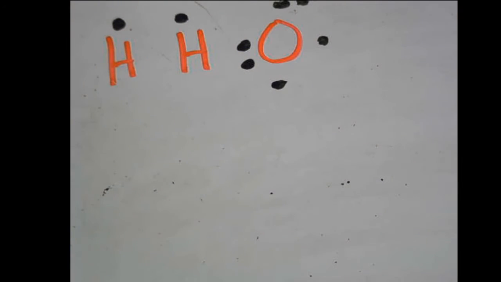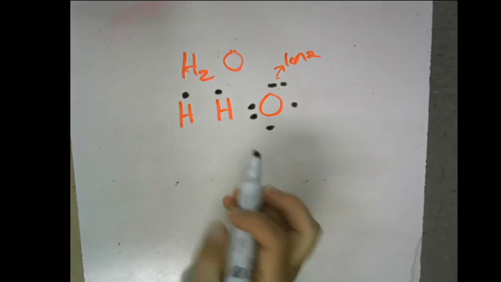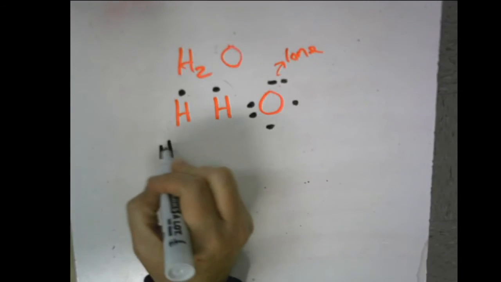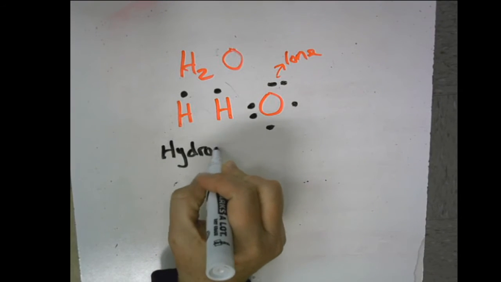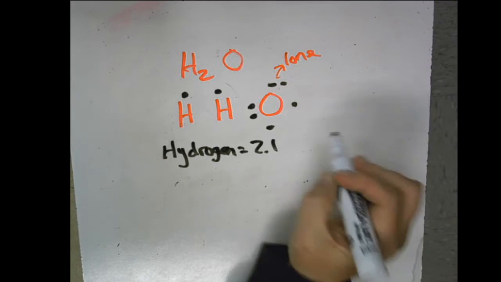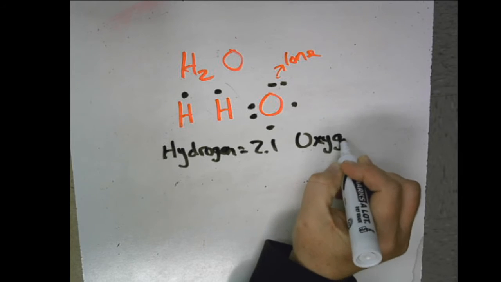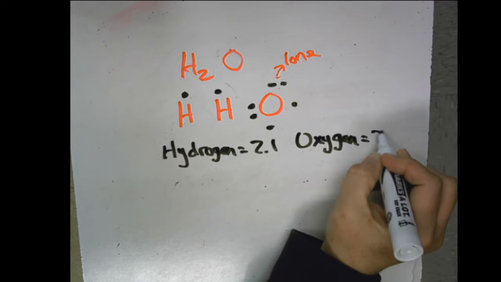You can look at those on your interactive periodic table online. Hydrogen has a 2.1 electronegativity, while oxygen has a 3.5.